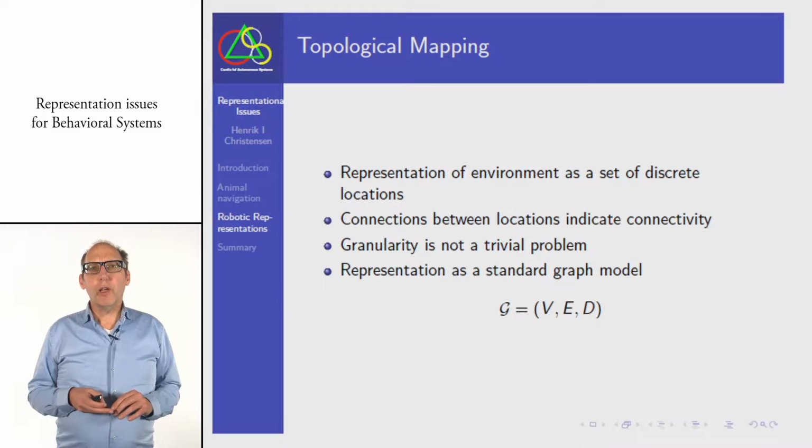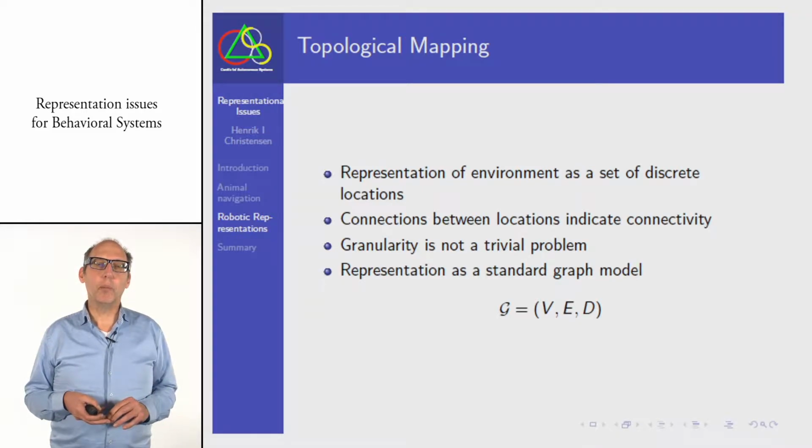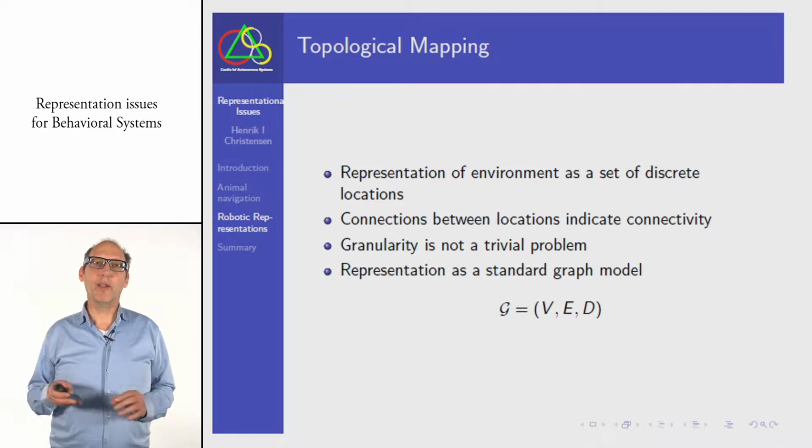So that's a lot of information that you store in metrical form, say in a grid where it's all precise measurements. But often you don't want to navigate on a full metric map, but more on a route.